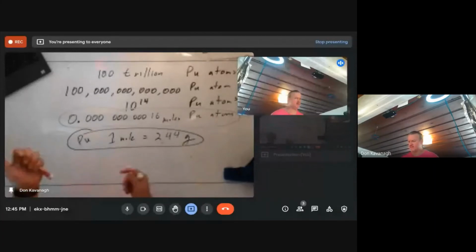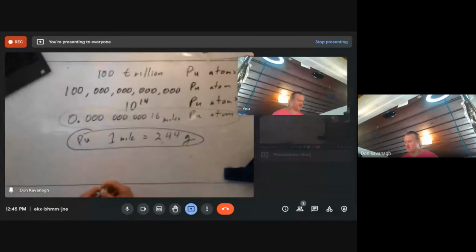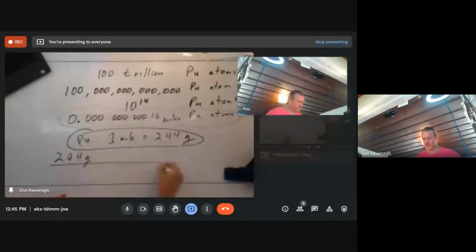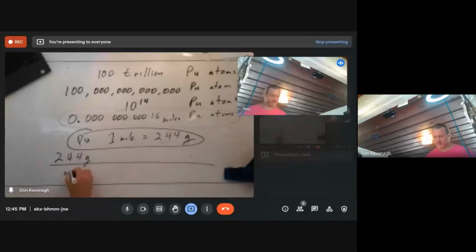This is 1 mole equals how many grams. How many grams of plutonium does 100 trillion atoms weigh? Remember, 244 grams of plutonium is 1 mole all day, every day.